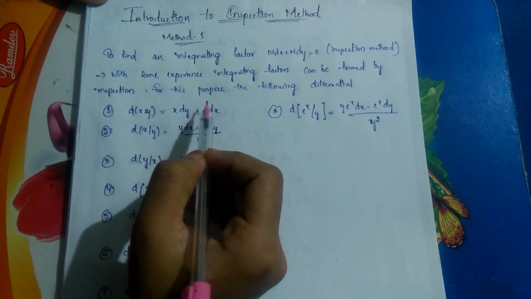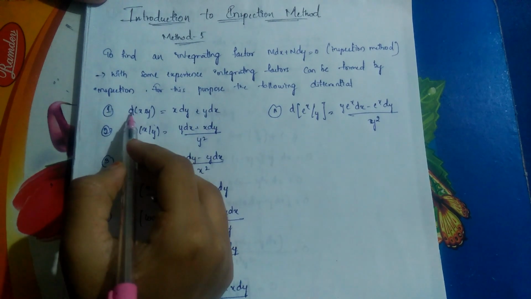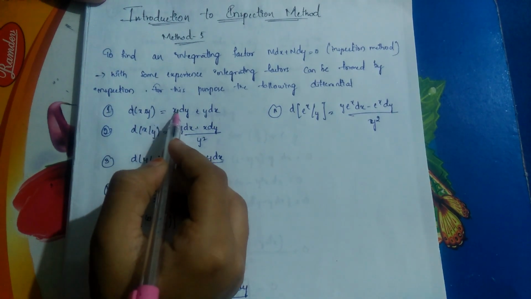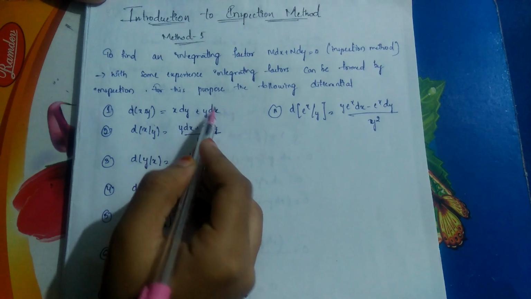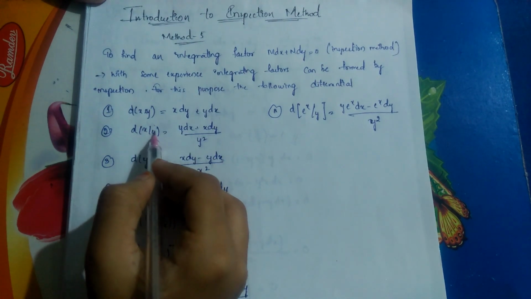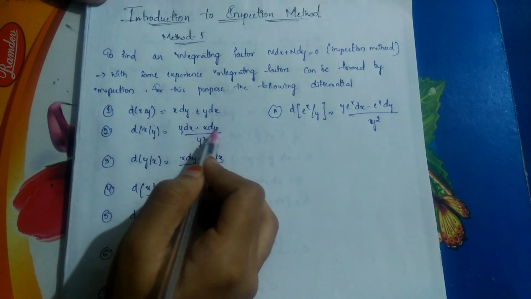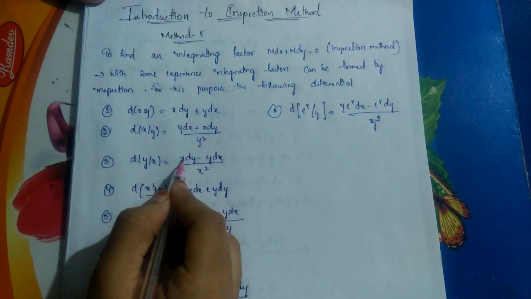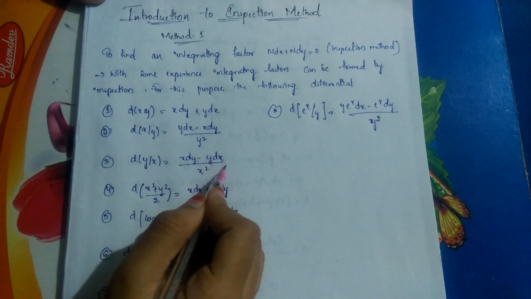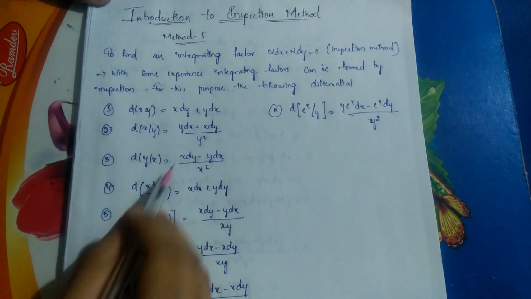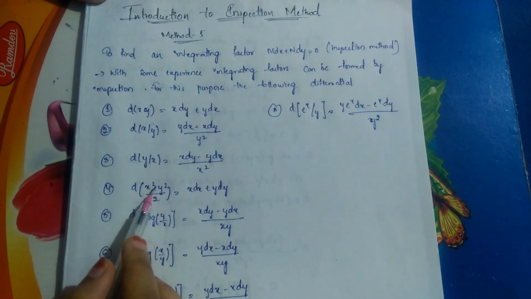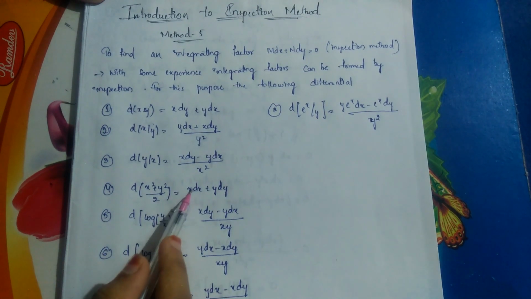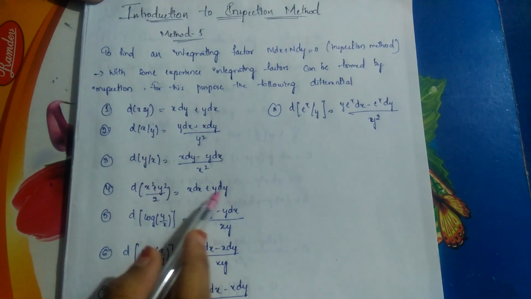So here the differentials are: d of xy is equal to x dy plus y dx, and d of x by y is equal to y dx minus x dy by y square, and d of y by x is equal to x dy minus y dx by x square, and d of (x square plus y square) by 2 is equal to x dx plus y dy.